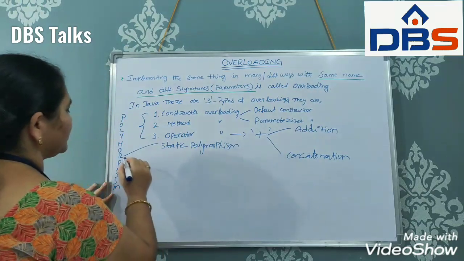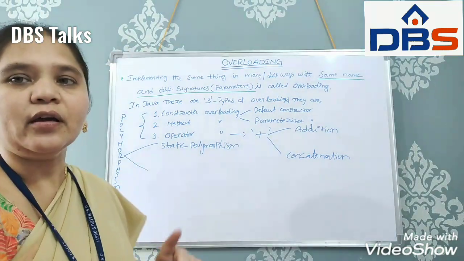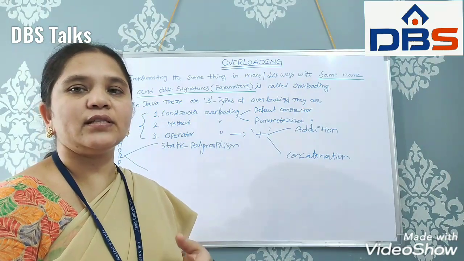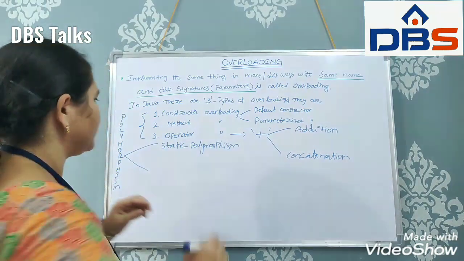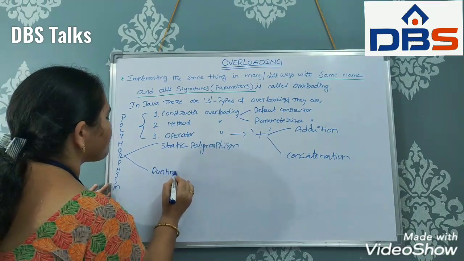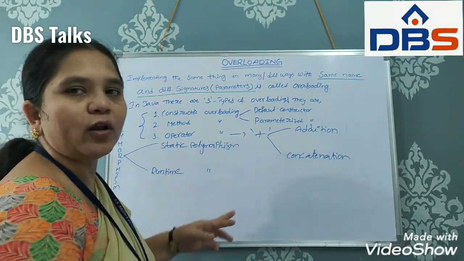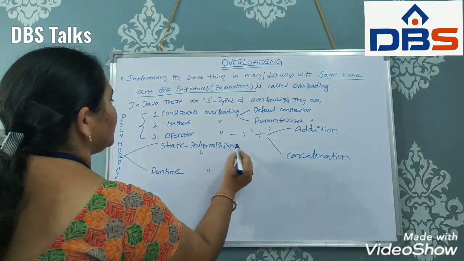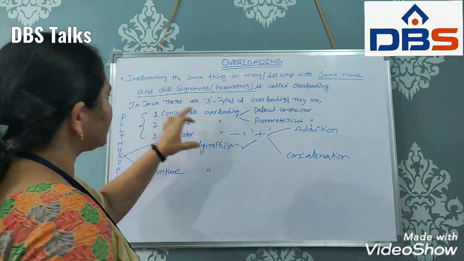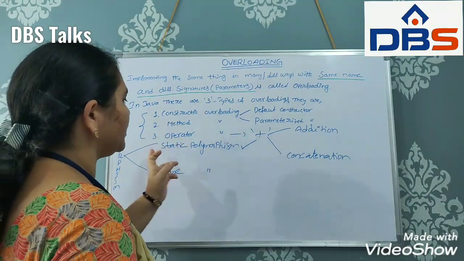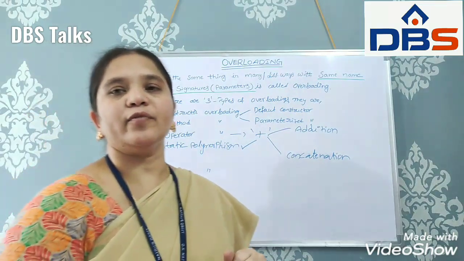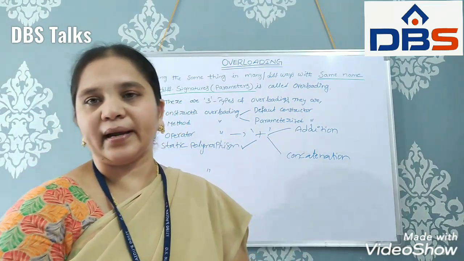Generally, polymorphism is of two types. One is static polymorphism, second one is runtime polymorphism. But here we are mainly using static polymorphism. What is static polymorphism? Nothing but static binding.